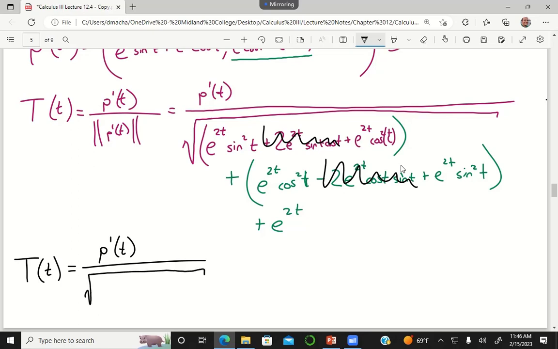This is going to be e to the 2t plus e to the 2t plus e to the 2t. So that's 3e to the 2t. Yeah. And so if I take the square root, I can rewrite this again as root 3 and then just e to the t.